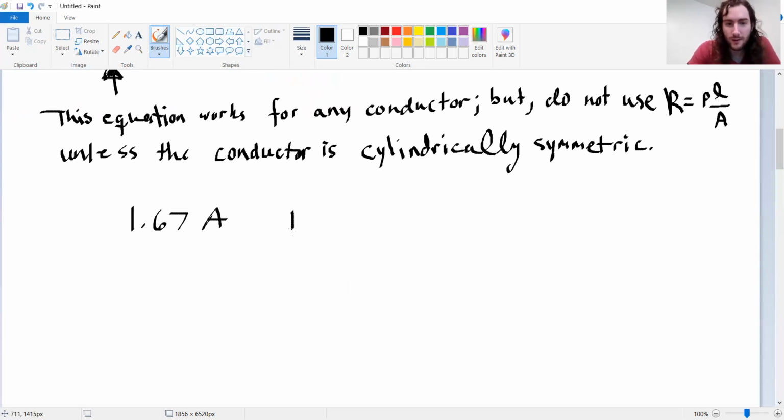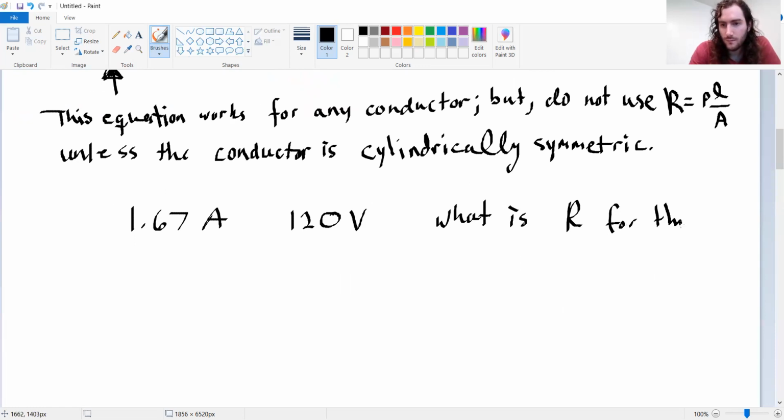If that light bulb is plugged into the wall here in the United States, it would have 120 volts AC applied to it. Just assume it's a DC voltage. So what is R for that light bulb? Calculate R there.